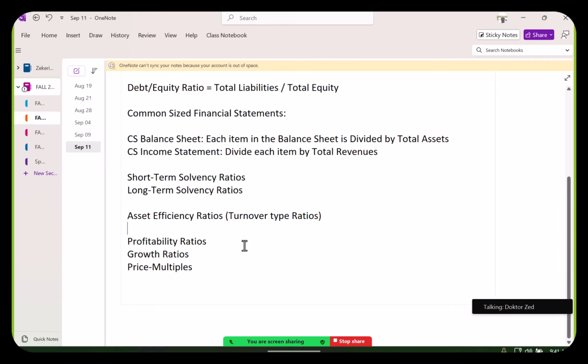The profitability ratios, these are basically things like profit margin, your net income as a ratio of your revenues, return on assets, return on equity.